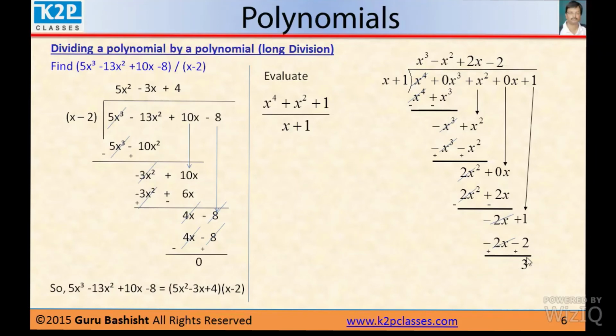So 3 is the remainder here. So we can say that x plus 1 will not totally divide x to the power 4 plus x square plus 1. So we can say that x to the power 4 plus x square plus 1 can be written as x cube minus x square plus 2x minus 2 plus 3 by x plus 1. It is like any ordinary division of numbers.